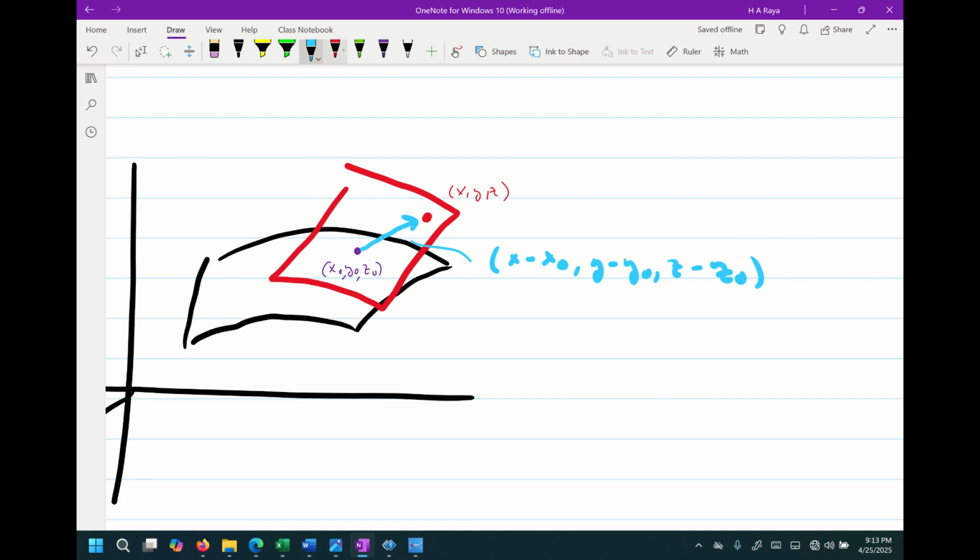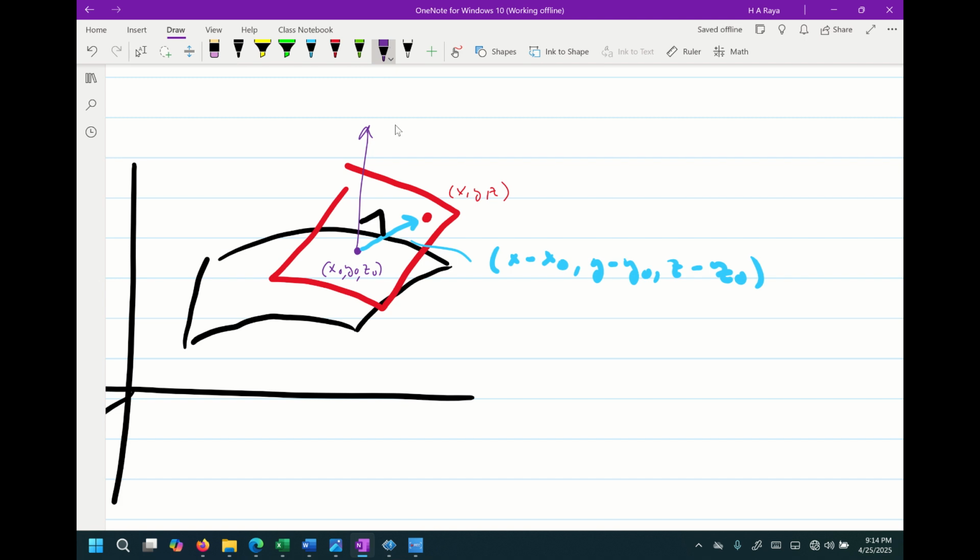And then we're going to consider a vector going out of this plane that makes a 90-degree angle with the blue vector on our plane.